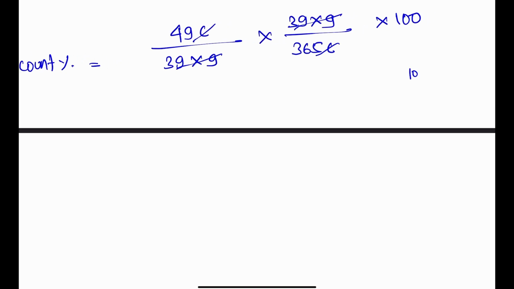Again my 10% is 36.5, so how much is left? 3.5, right? If I add 3.5, then it will be 40.